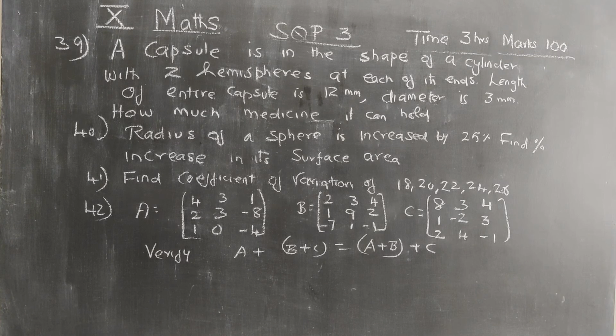Question number 39. A capsule is in the shape of a cylinder with two hemispheres at each of its ends. Length of entire capsule is 12 millimeters. Diameter is 3 millimeters. How much medicine it can hold?